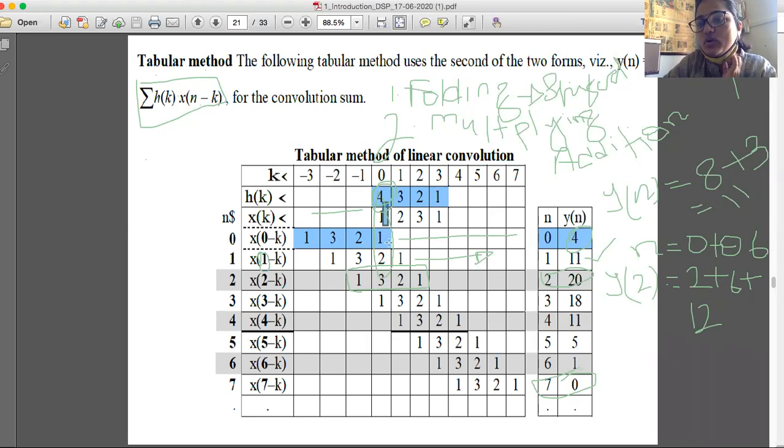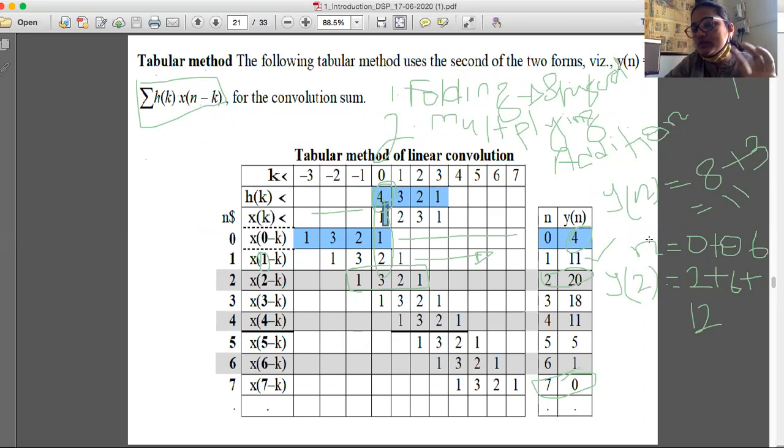After folding, I am supposed to perform the shifting operation, but I need not perform it because both the sequences have started from 0 only. How have we computed the index of n? We have taken the extreme positions of x of n and h of n.